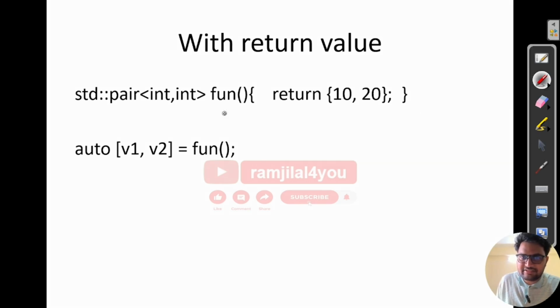So here you can see I have created one function fun, and the return type of the function is a pair of int and int, right? And it is returning a pair here. This is very simple.